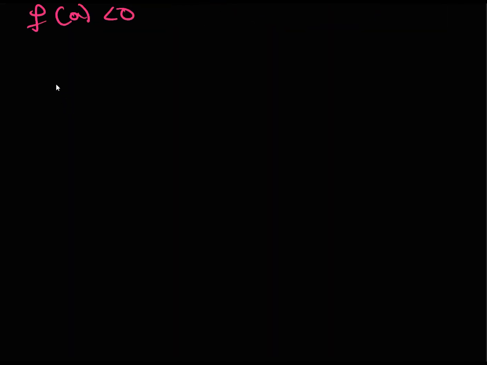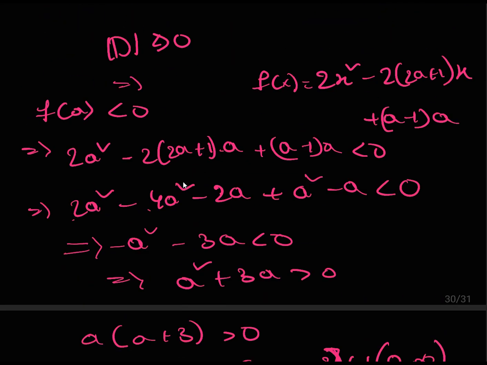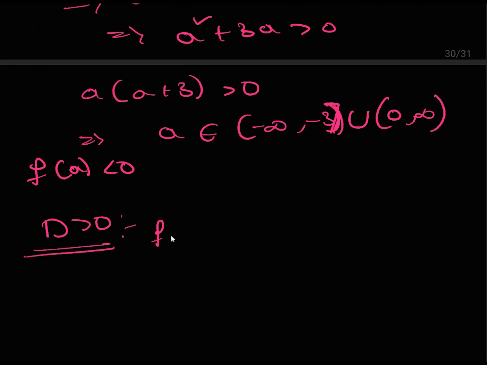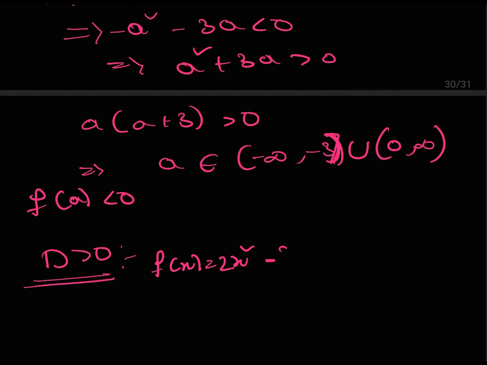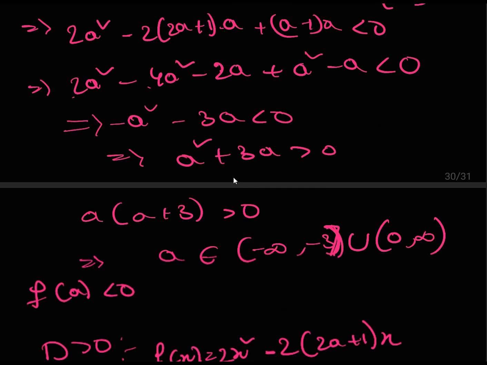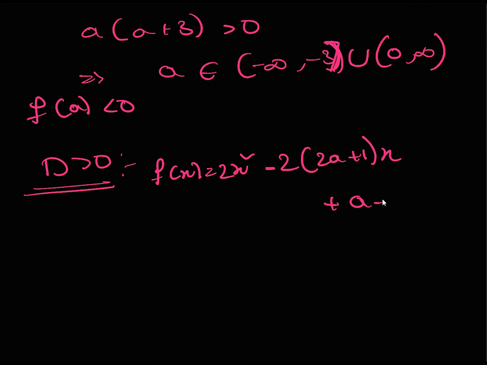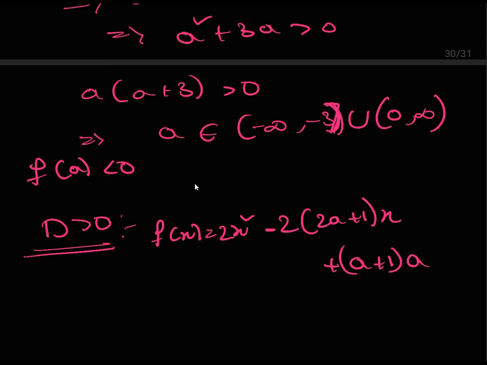Now we will do the discriminant greater than 0. f of x equals 2x square minus 2 times (2a plus 1) x plus a minus 1 into a.